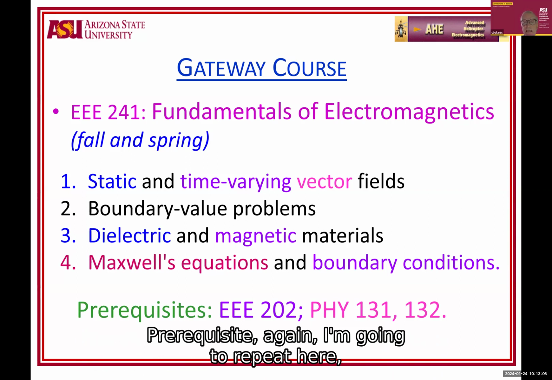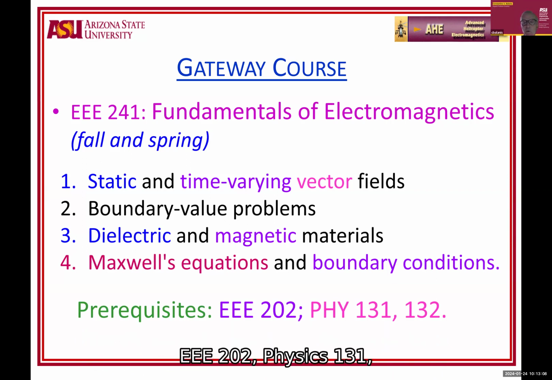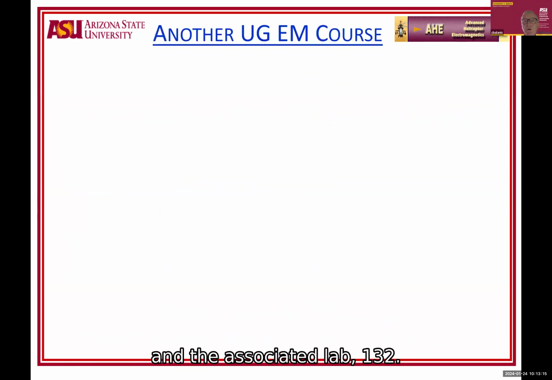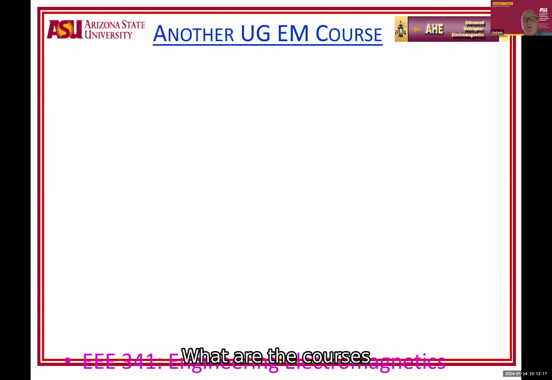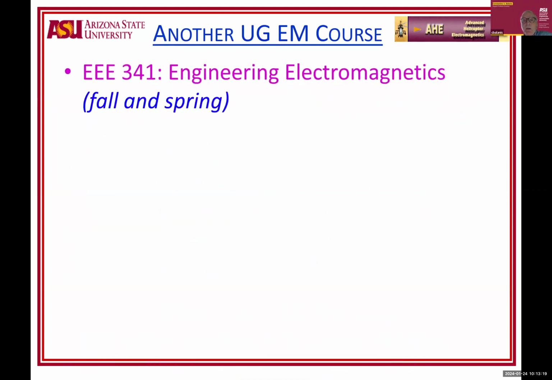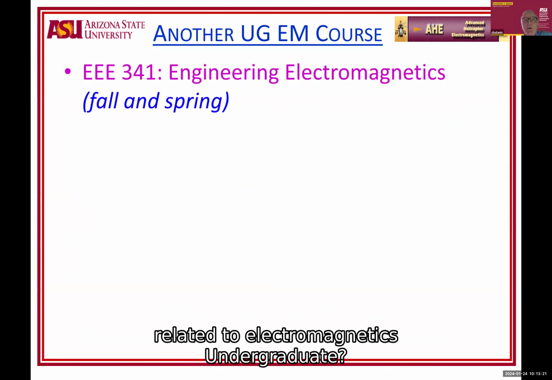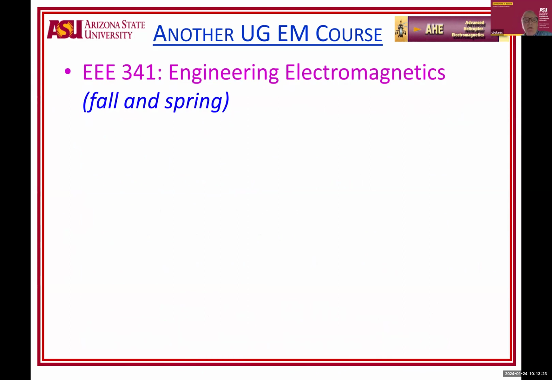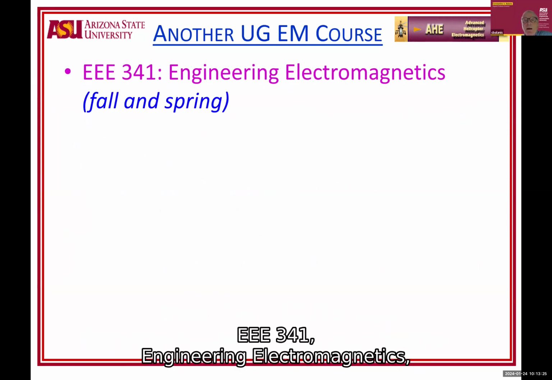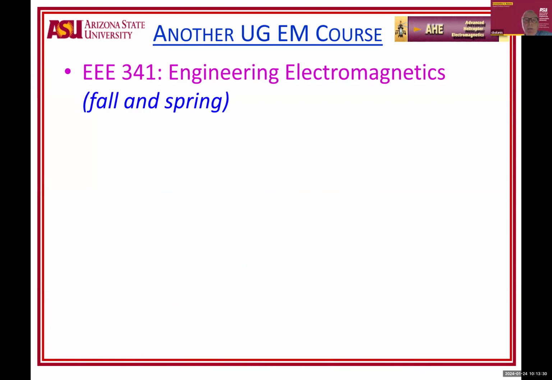Prerequisite, again, I'll repeat here, EEE 202, Physics 131, and the associated lab 132. What are other courses related to electromagnetics at the undergraduate level? EEE 341, Engineering Electromagnetics. And I'll talk about that in a minute.